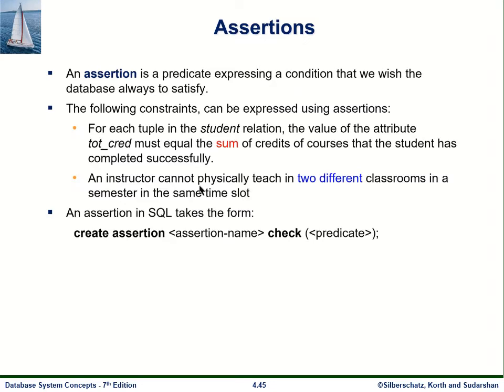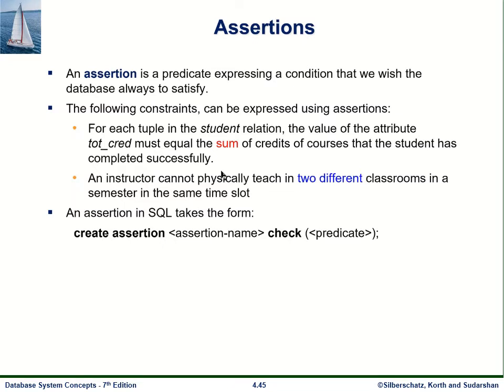And also we have a second example. For example, one instructor cannot teach in two different locations. So this one is also like checking uniqueness. For example, at the same time, whether you can find the instructor was assigned to two rooms, two sections.